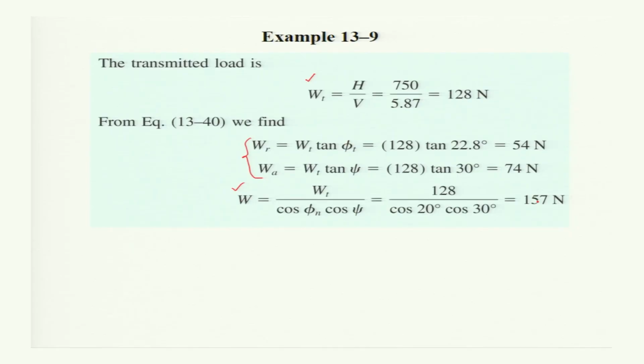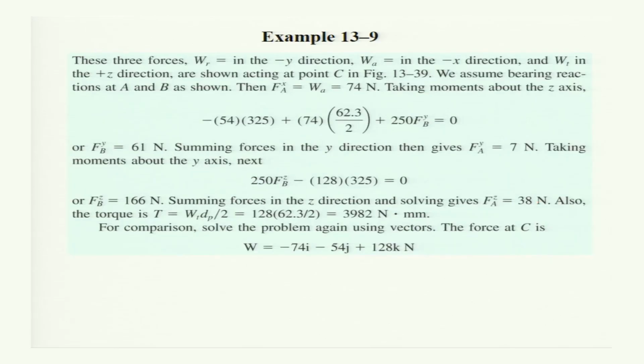Just apply that and get the reactions. The summation of all forces has been done. Taking the moment about the z axis, that is, summation of moments about z equal to 0, provides this equation, and in this equation we have only one unknown, and that is obtained: Fby is equal to this one.